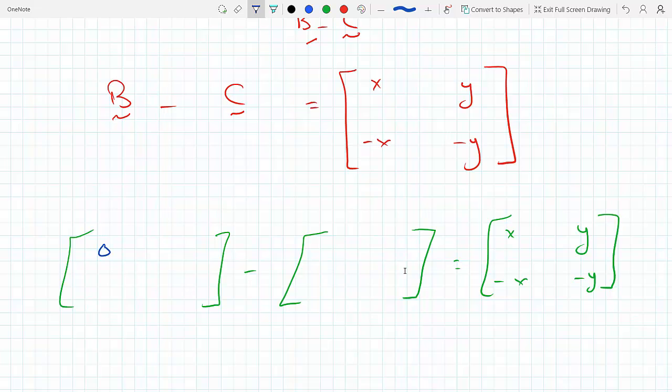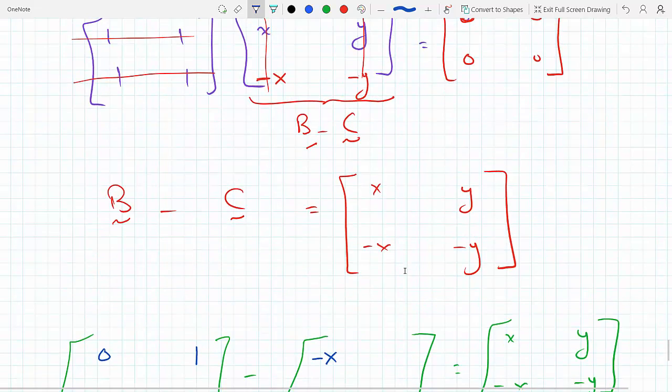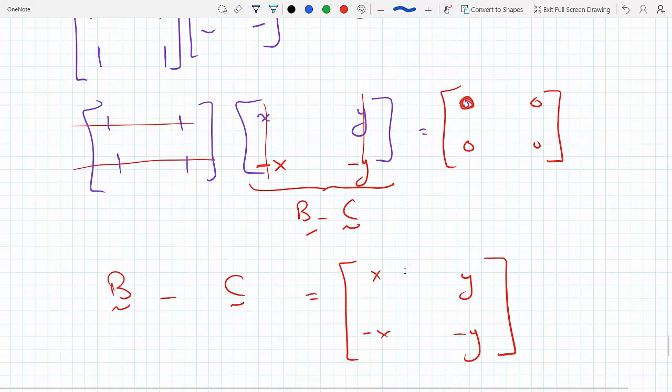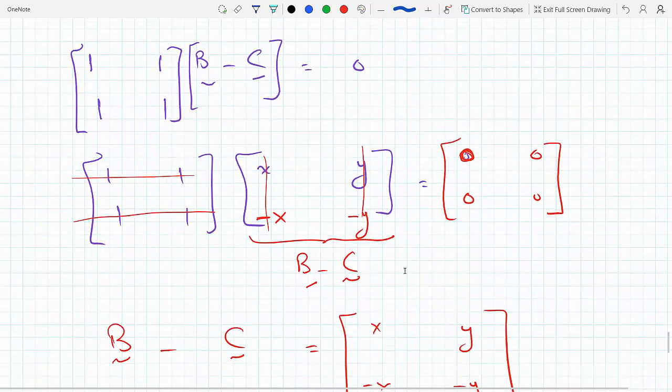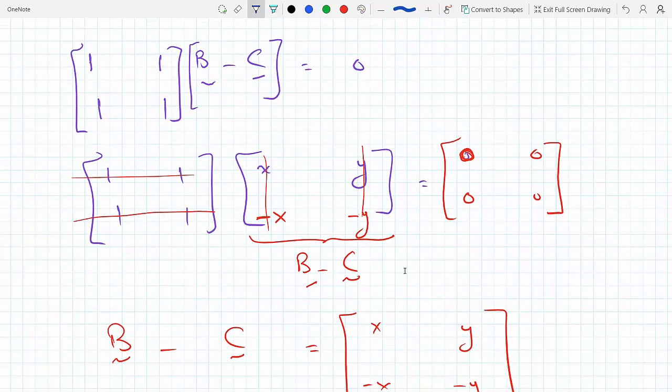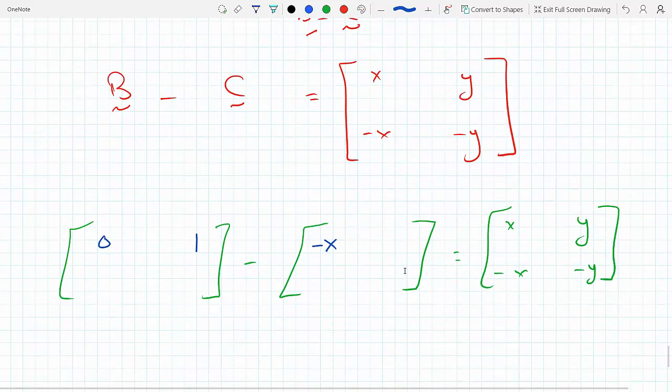So if I put 0 here, how would I get an X there? I would put a minus X here. And if I want, I could put a 1 here, and then how would I get Y there? Oh, but wait one second, X, B minus C, yeah, X Y minus, yeah.